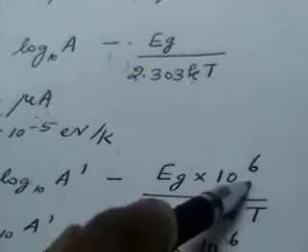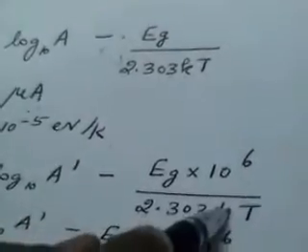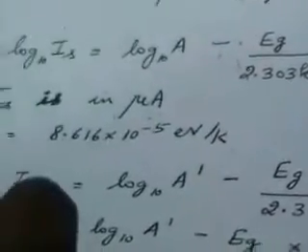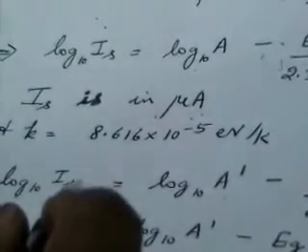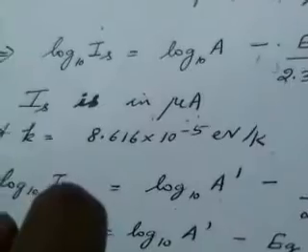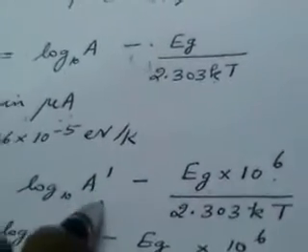This 10 power 6 has come into the numerator of this term because Is was in microamps. So to convert it into amperes, we have to multiply by 10 power minus 6, and when it comes to the other side it will become divided by 10 power minus 6.